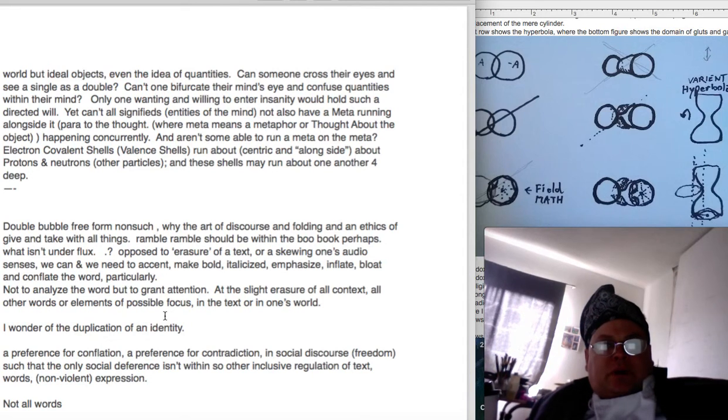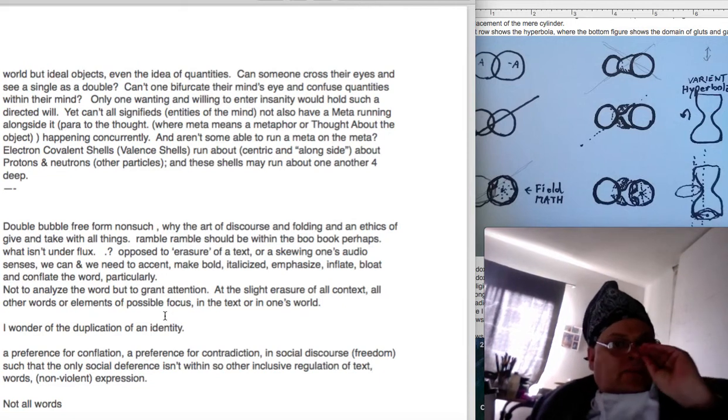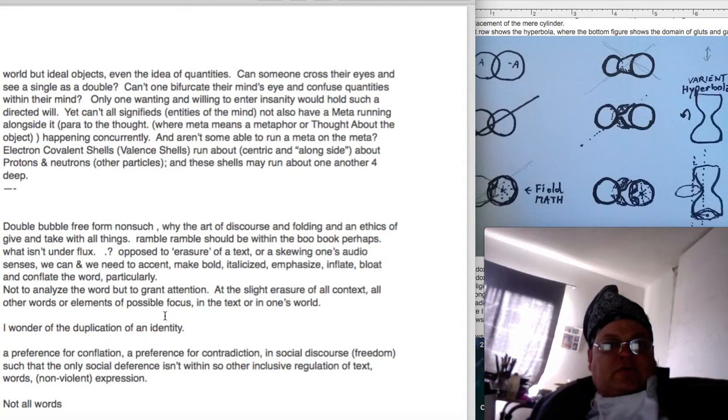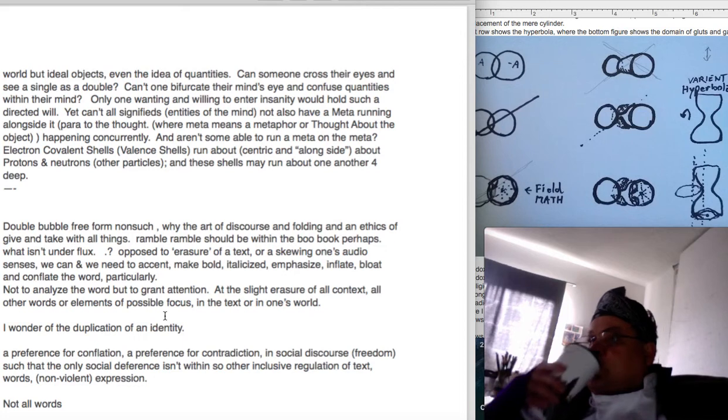Where meta means a metaphor or thought about the object happening concurrently, and aren't some able to run a meta on a meta? Electrons, covalent shells, valence shells run about, centric and alongside, about protons and neutrons, other particles, and these shells may run about one another four deep.